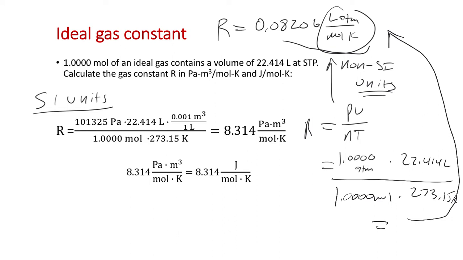And so if you want to rederive R in SI units, what we'd want to do is ask, what would the pressure of 1 atm be in Pascal, which is the SI unit of pressure? So if we convert 1 atmosphere to Pascal, that would be 101,325 Pascal. So that's just 1 atm in Pascal. And then the liter is not exactly the SI unit.